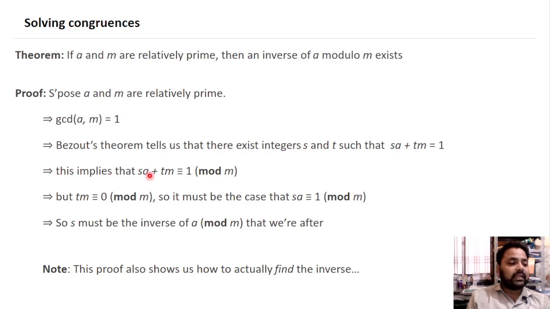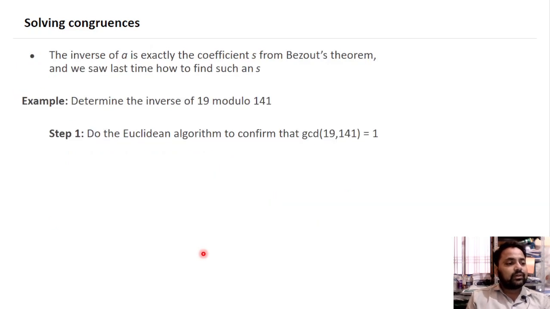This implies that sA plus tM is congruent to 1 mod M, but tM is congruent to 0 mod M, so it must be the case that sA is congruent to 1 mod M. So s must be the inverse of A mod M that we are after, and this proof also shows us how to actually find the inverse. The inverse of A is exactly the coefficient s from Bezout's theorem, and we saw last time how we find such an s.